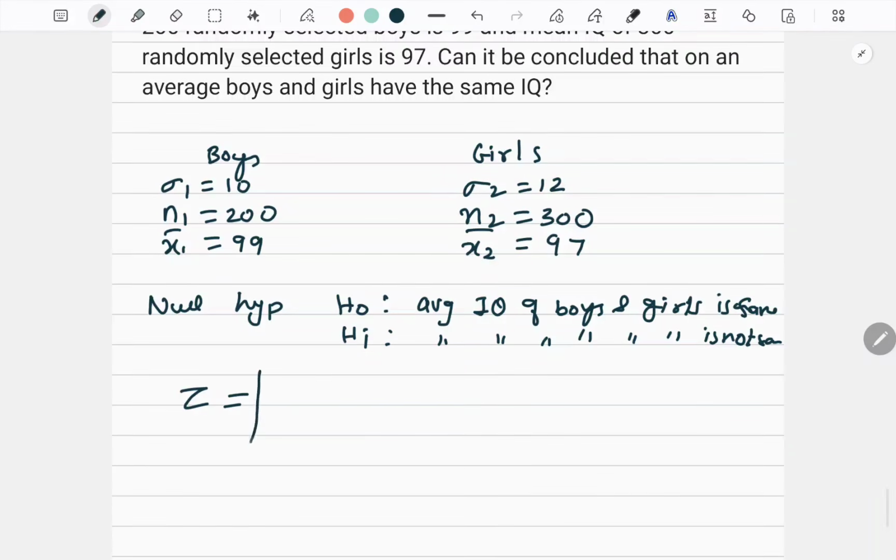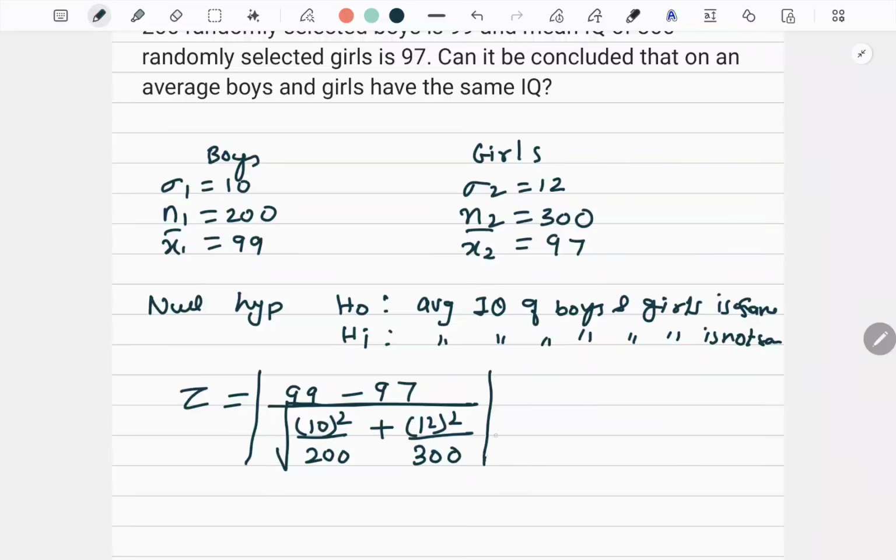Now z is what? See, it's just formula based. Remember the formula, put the values. So x1 bar minus x2 bar means 99 minus 97 upon under root of sigma 1 square means 10 square upon n1, that is 200, plus sigma 2 square means 12 square upon n2. So now calculate this. So you will get 2.02.